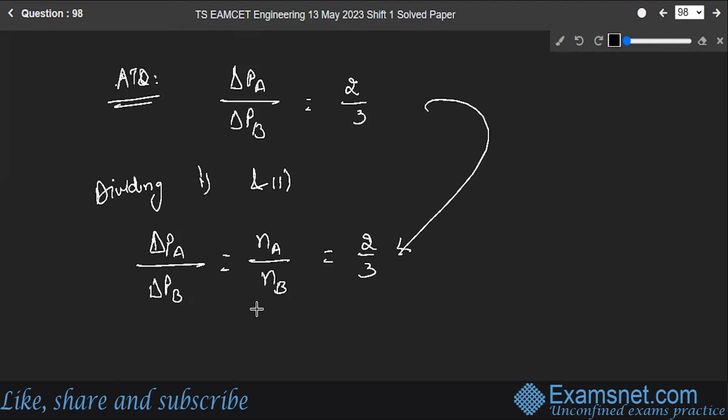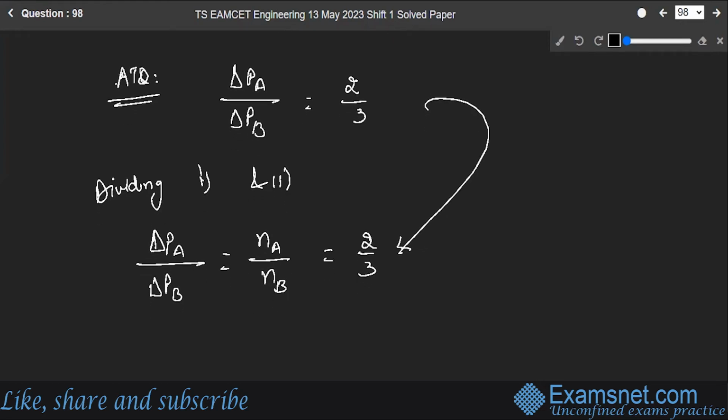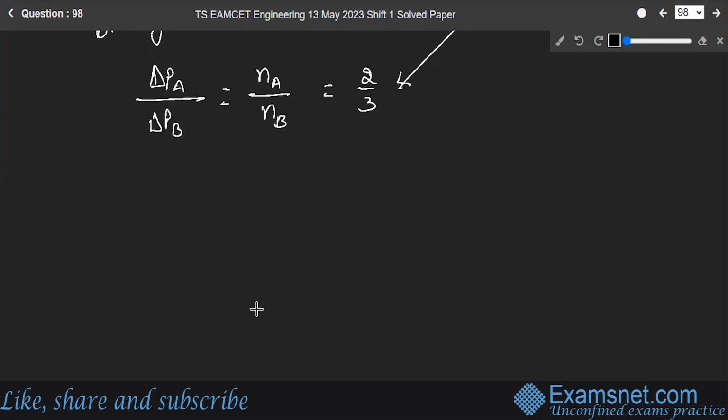Therefore, what is nA? nA is equal to the given mass upon the molecular mass.